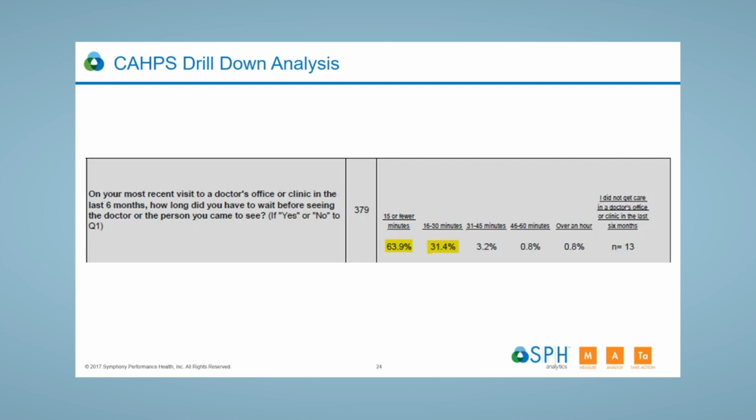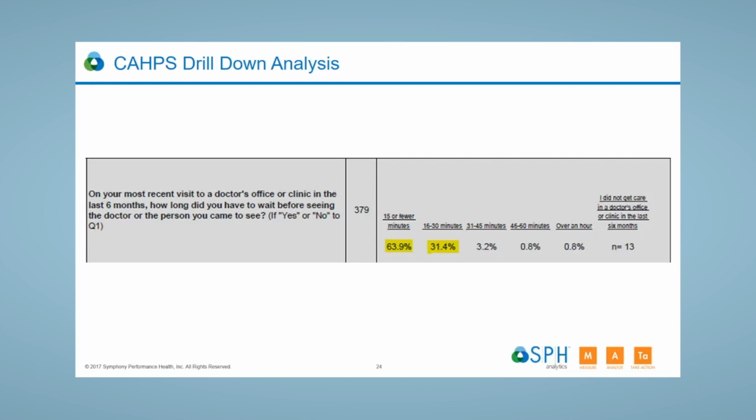Another question we drilled down on was we thought that the members had a problem with waiting time, and that was contributing to their access issues. But we were pleasantly surprised, and you can see from this, that 95% of members were able to see their doctor within 30 minutes of their arrival. That was sort of amazing to us.